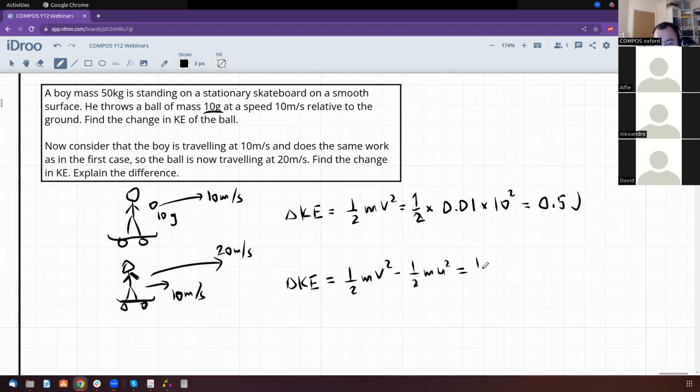So that's 1/2 times 0.01 times 20 squared, minus 1/2 times 0.01 times 10 squared. And that is 400, divided by 2 is 2, minus 0.5, so 1.5 joules.